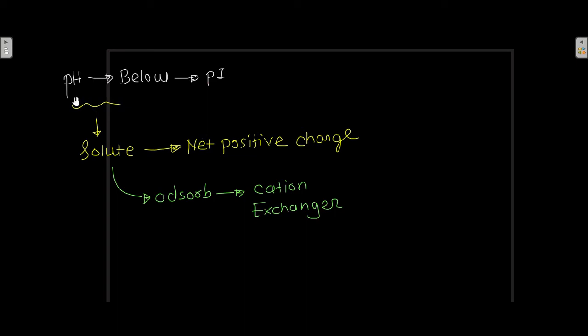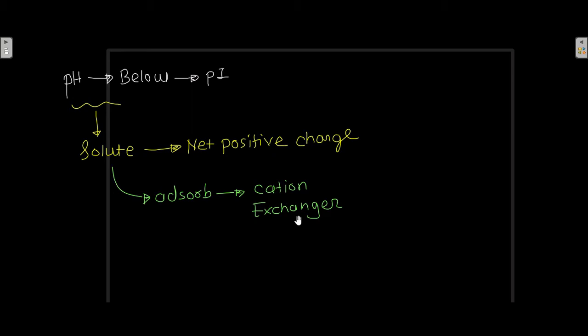But if the pH is below the isoelectric point, which is represented by pI, then the solute will have a net positive charge and it will be adsorbed by a cation exchanger.